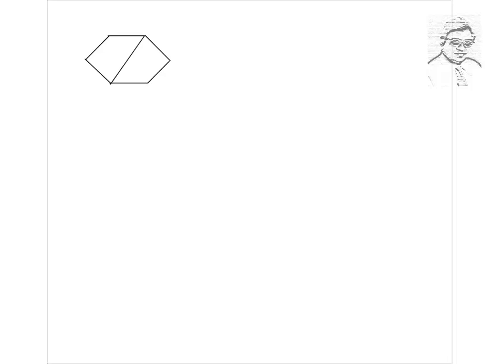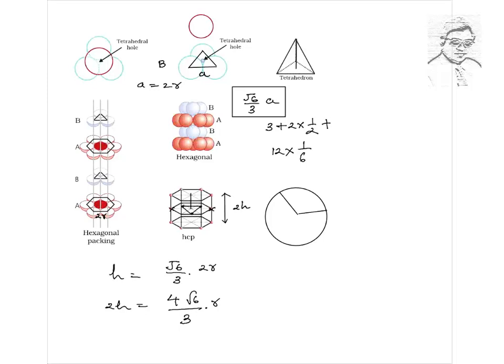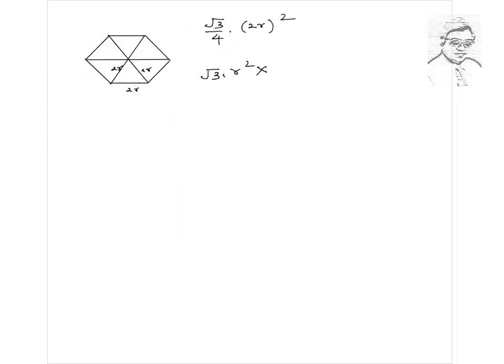We can construct 6 equilateral triangles, each with side 2r. The area of one equilateral triangle is √3/4 times side squared, and the volume is the base area multiplied by the height, and the height was 4√6/3 r. Just simplify this.